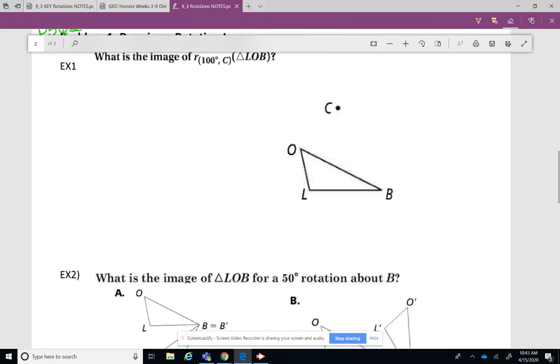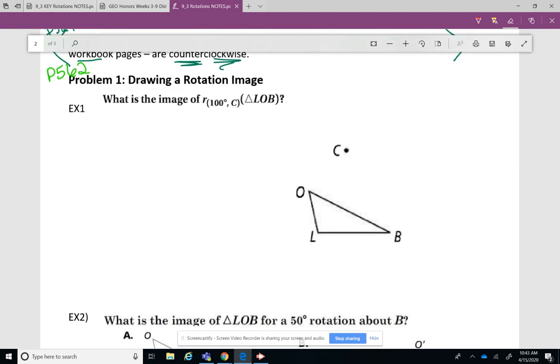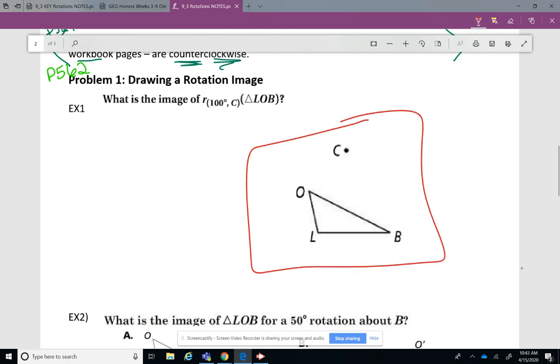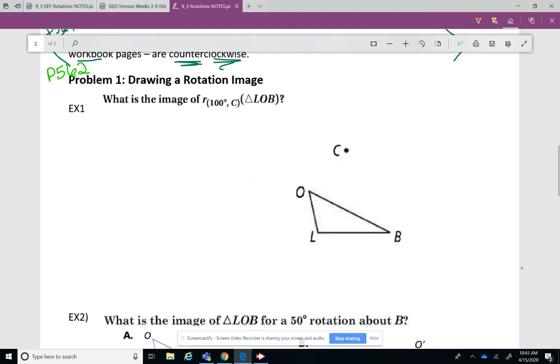And what's hard too is if you don't have these notes sitting in front of you writing on it, you're going to want to take this right here and maybe trace over it on a piece of computer paper. That way, you know you're doing the same problem we're doing. And your triangle OBL looks like that and has the same dimensions, and your C is however far from O. So you might want to just trace that if you're not writing on the notes itself.